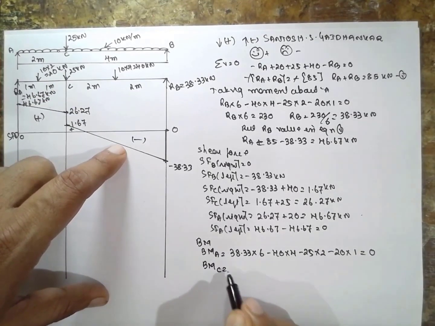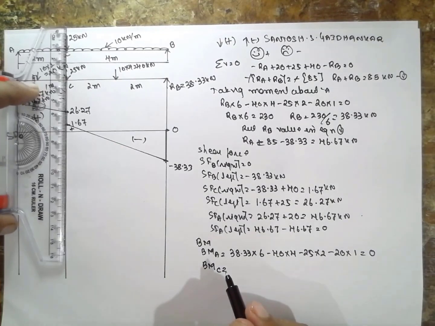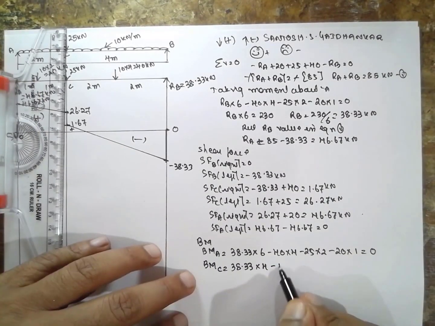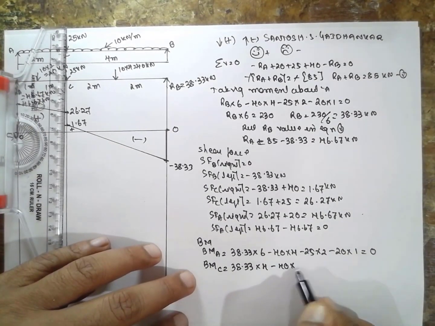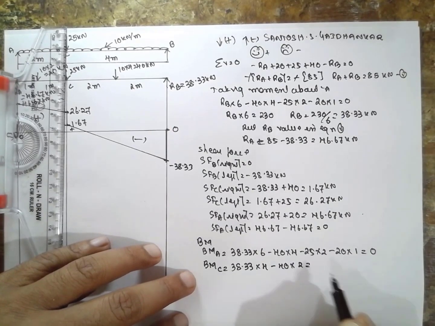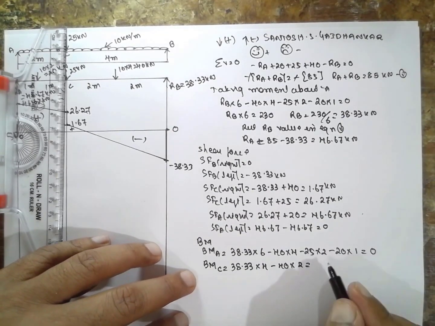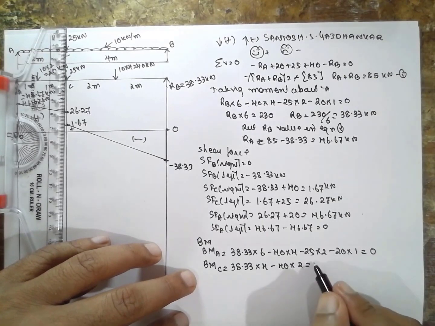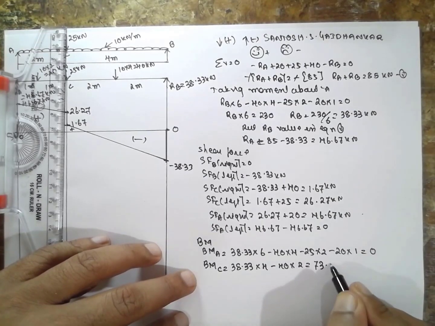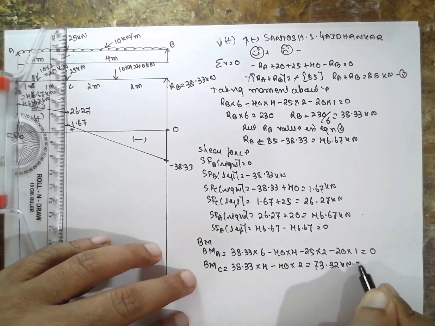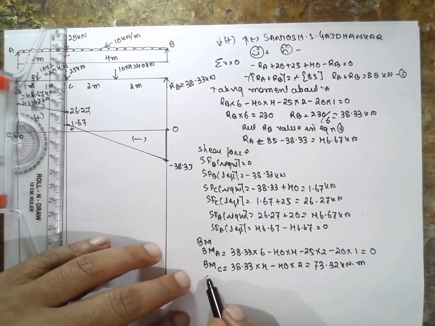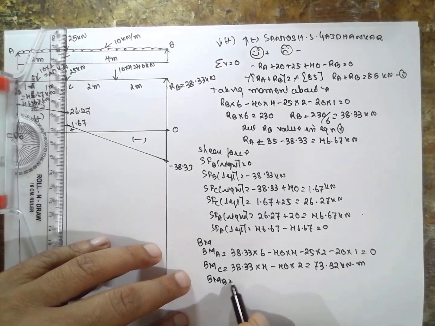Bending moment at C, this point, is 38.33 into 4 minus 40 into 2, that is 73.32 kilonewton meter. Now the bending moment at B will be 0.